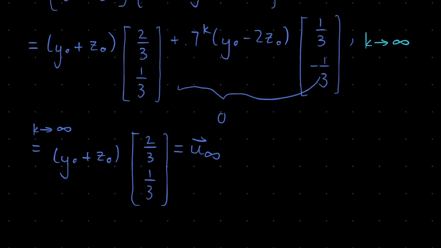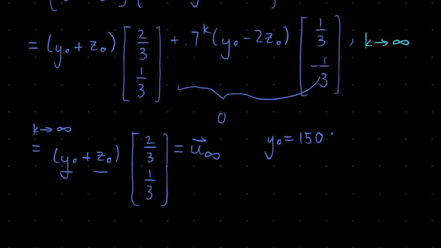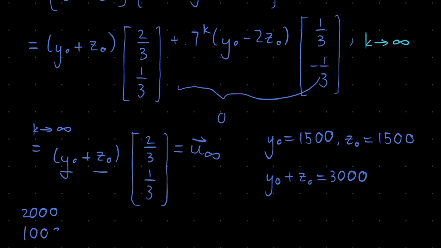And this is really interesting because notice, our population distribution only depends on the sum of the population inside of California and outside of California. What does that mean? Well, that means if y0 is equal to, for example, 1,500 and z0 is equal to 1,500, well, the total population, which is their sum, is equal to 3,000, which yields a population of 2,000 and 1,000.